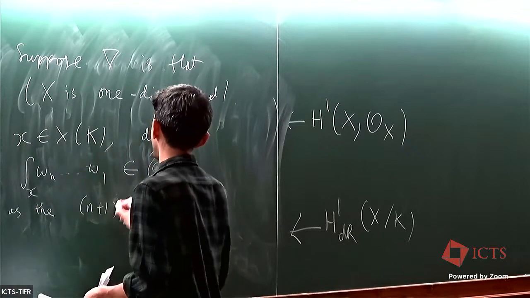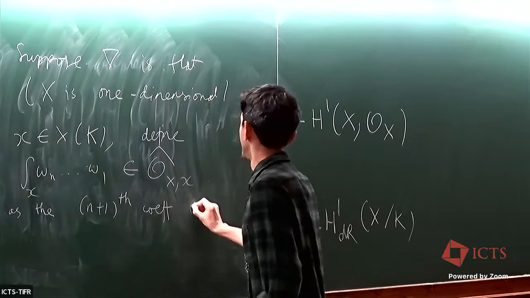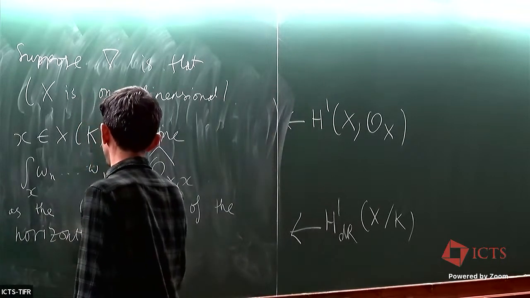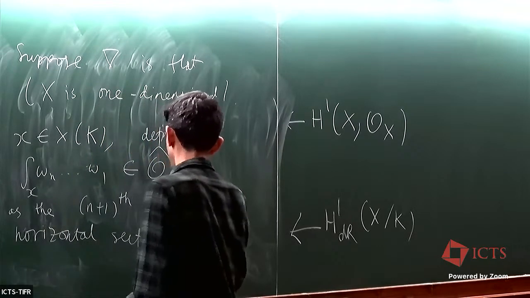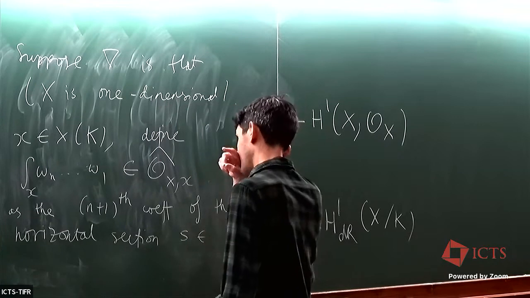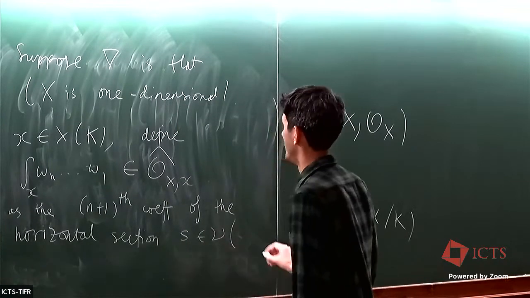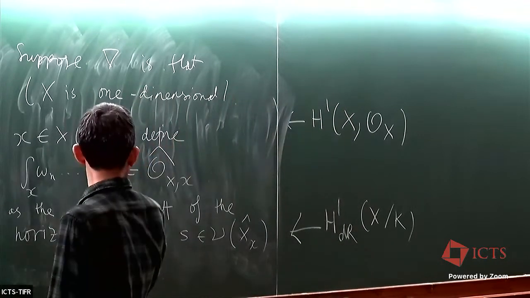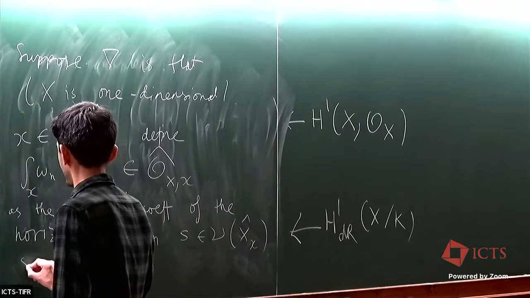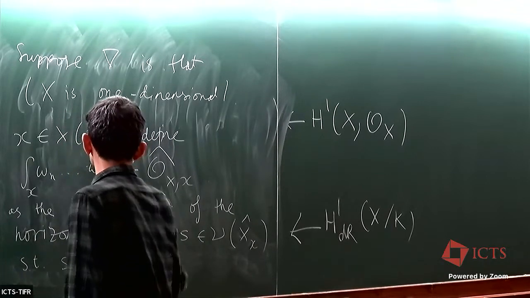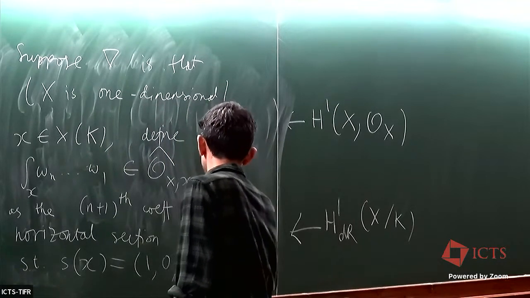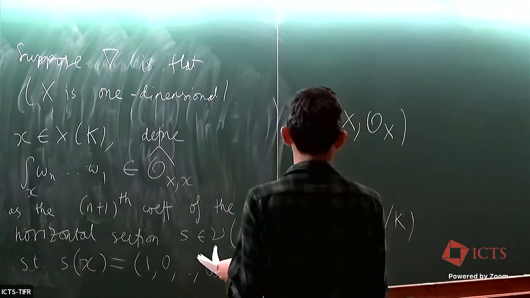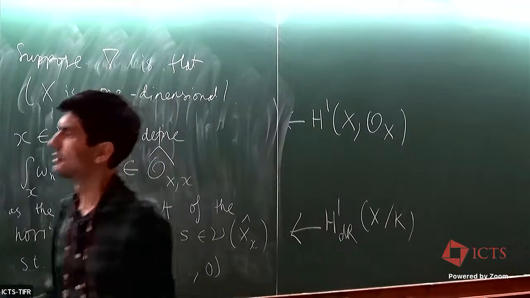I'm going to take the n plus 1th coefficient of the horizontal section S, which is a formal section in the completion at x, the horizontal section which satisfies that its value at x is 1 in the first coordinate, 0 everywhere else. Okay. I'll say in a second why this is a good definition.